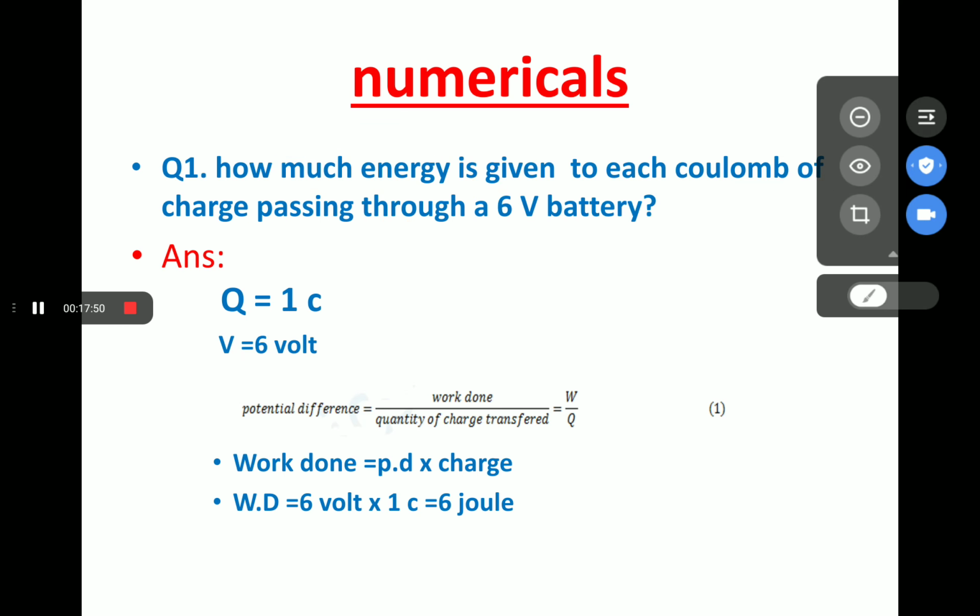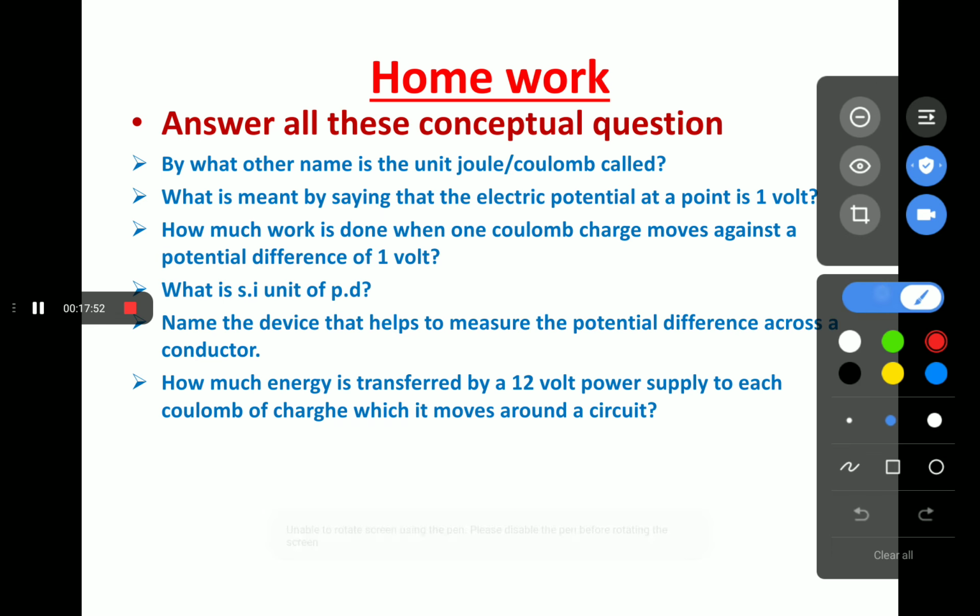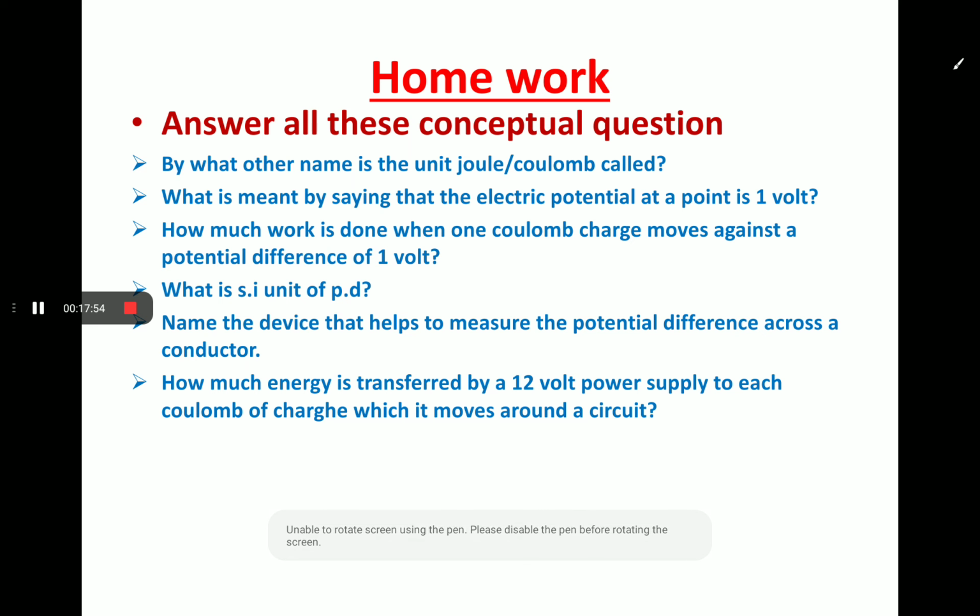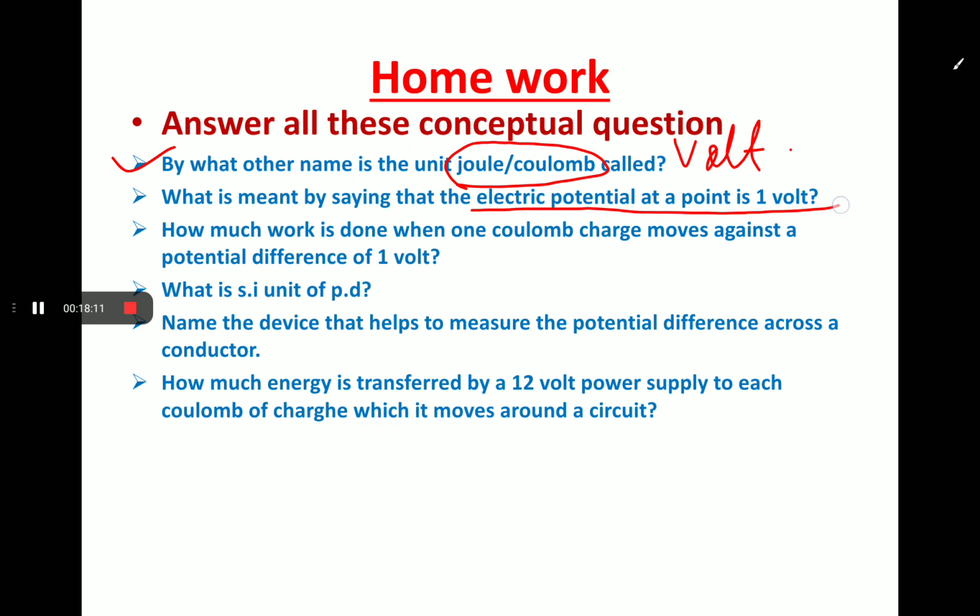Now in the next slide, there are some questions for all of you which are your homework. First, by what other name is the unit joule per coulomb known? Which is very simple, that is volt. Second, what is meant by saying that the electric potential at a point is 1 volt? You already know the definition of 1 volt in the previous slide.